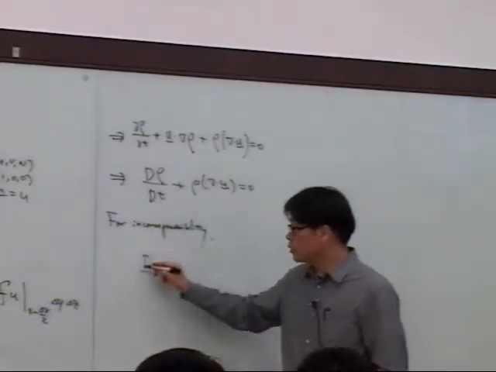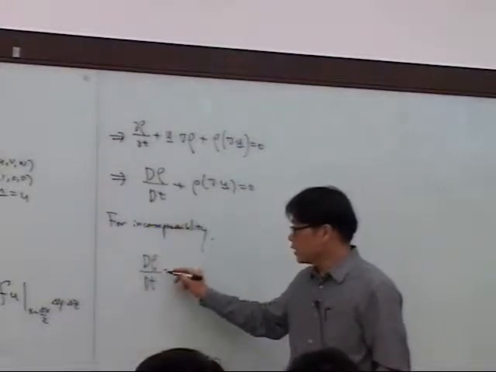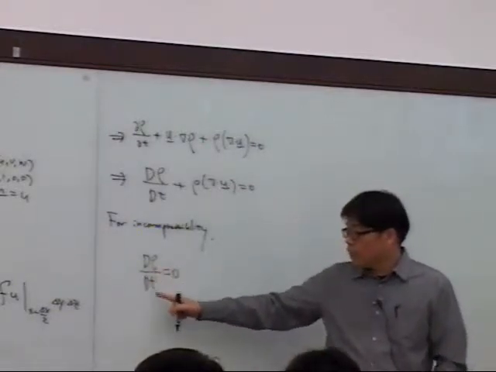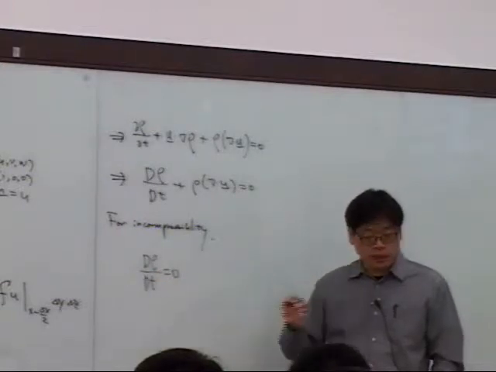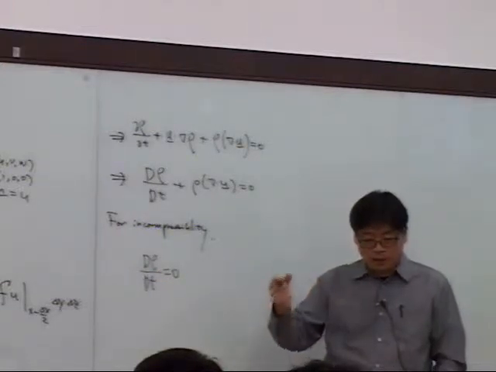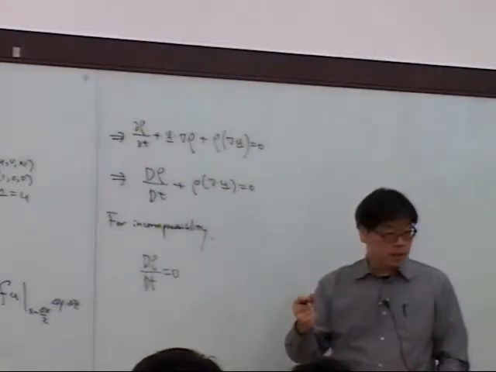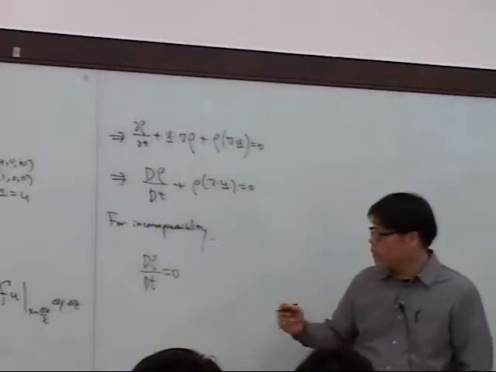For this case, we assume the material derivative of density is equal to 0. So when you follow a fluid particle, the density of the fluid particle is always the same, meaning that the volume of the fluid particle is the same, since mass has to be conserved all the time.